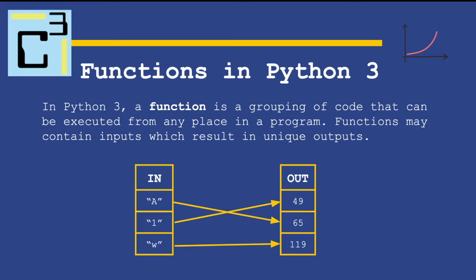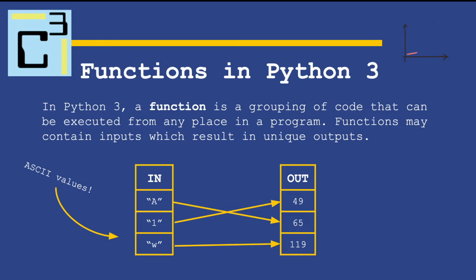In Python 3, a function is a grouping of code that can be executed from any place in a program. Functions may contain inputs which result in unique outputs. So I've got this little useless example of ASCII values. This would be the input, and that's going to be A. A corresponds to 65 in terms of its numerical value.